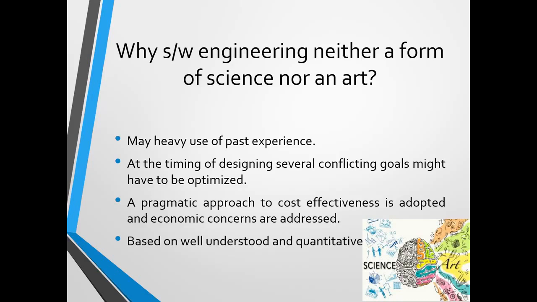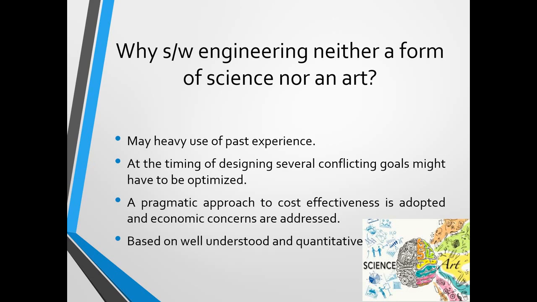There exist several fundamental issues that set software engineering apart from both science and art. Here we will discuss some of these important issues. So the first issue is that it is an engineering discipline, where software engineering makes heavy use of past experience.